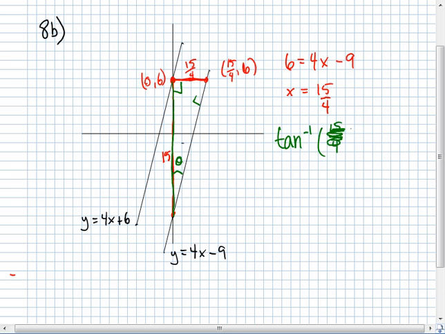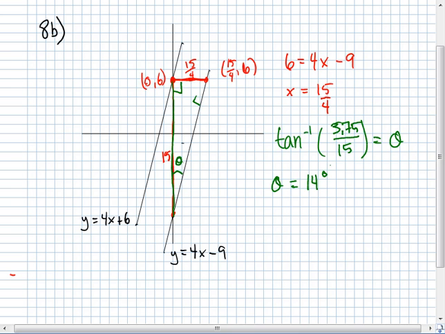It's going to make it easier for us. So it's 3 3/4, 3.75 divided by 15. That's going to equal theta. I do a little magic on my calculator, and I see that theta is 14.03 degrees. I'm going to say 14 degrees. I'm going to leave it in my calculator anyways.